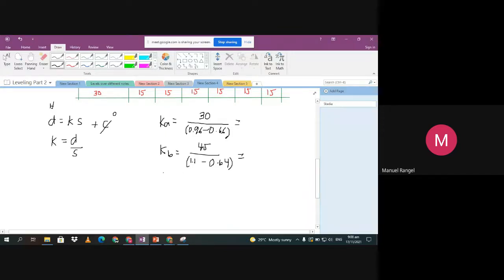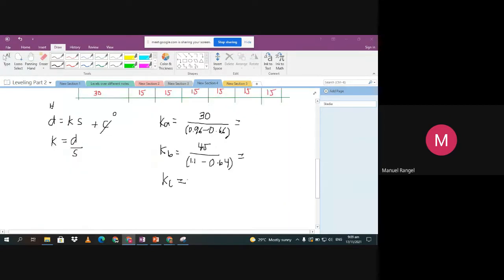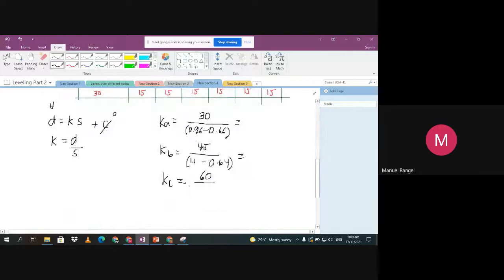Then KC is 60. Upper reading 1.21 minus 0.6.